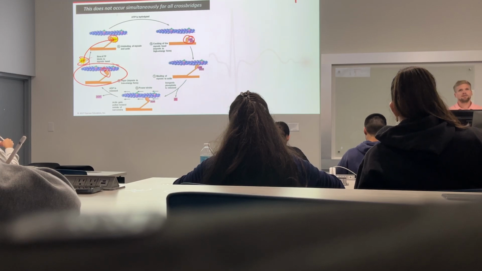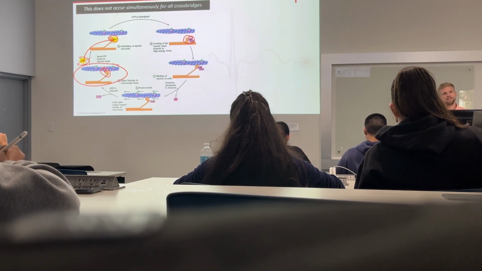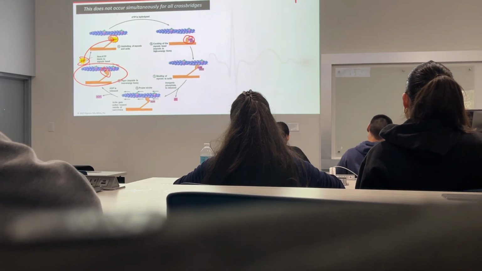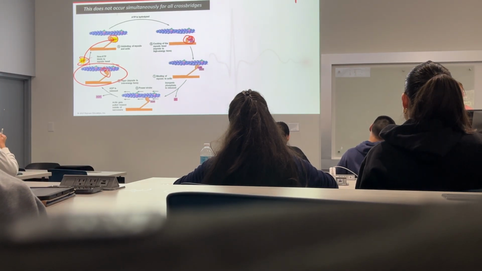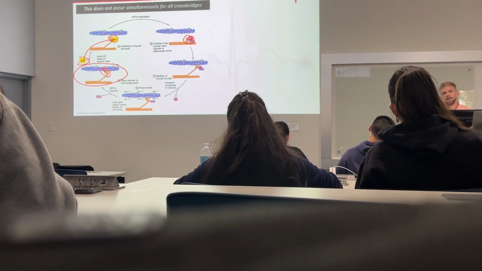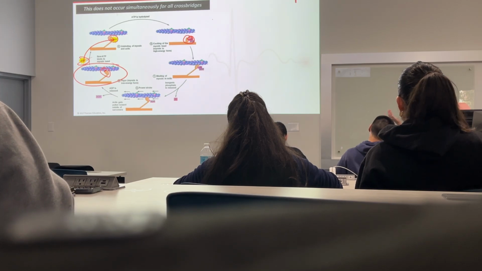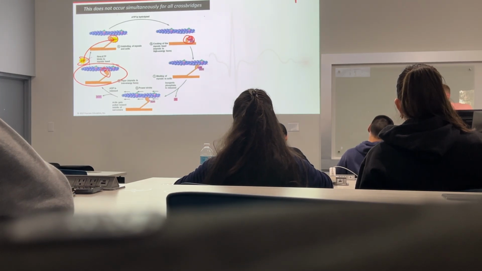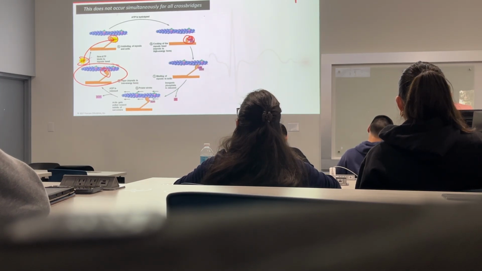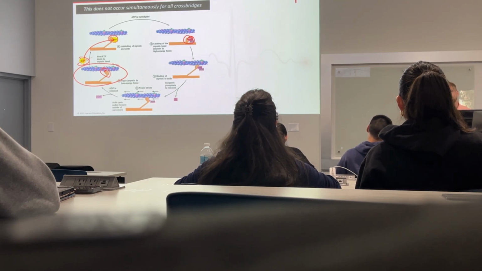The reason is that the ADP and inorganic phosphate don't leave the myosin head, they stay within it. So the myosin head retains that phosphate group as it moves backwards. In essence, it phosphorylates itself.